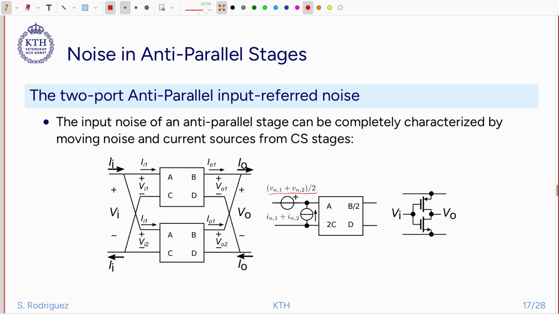In this particular case, when we put this configuration in anti-parallel, the input referred noise voltage is averaged, and the input noise current is added. So it is the opposite of the differential pair.